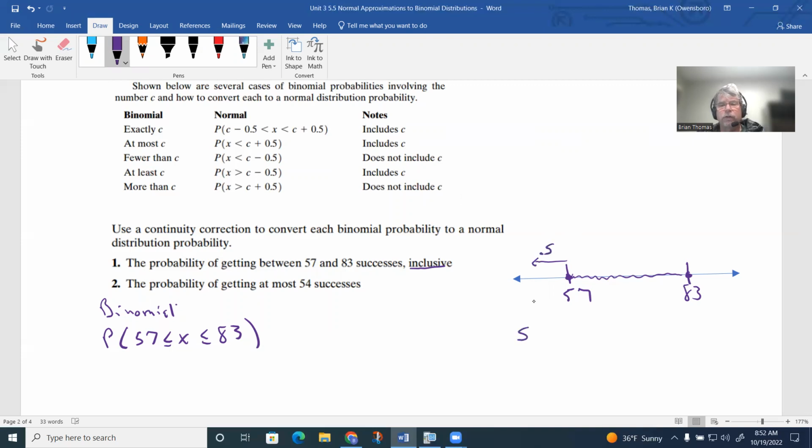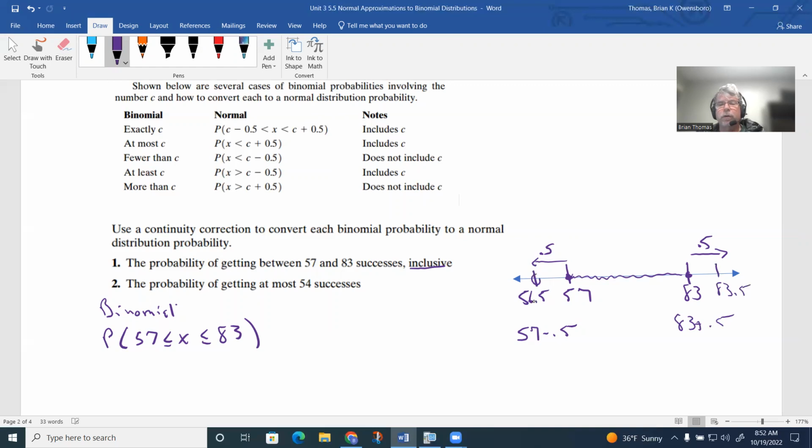So I have to use 57 minus 0.5, and that would give me 56.5. And here, to keep the 83 part of the interval, you'd have to move to the right of the 83 by 0.5. So that's going to be 83 plus 0.5, and that's going to give me 83.5.